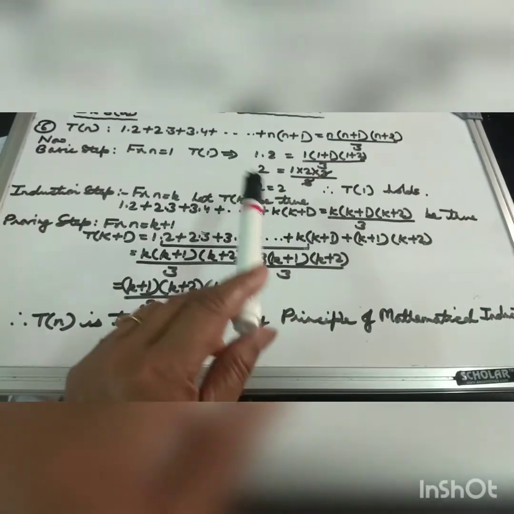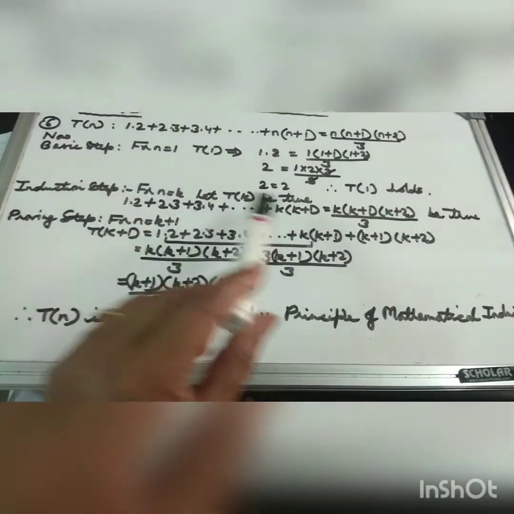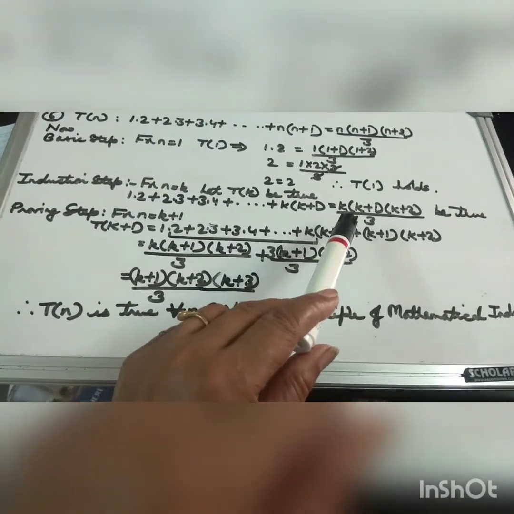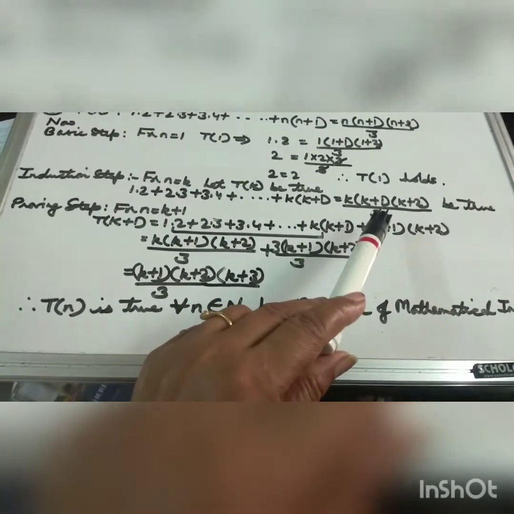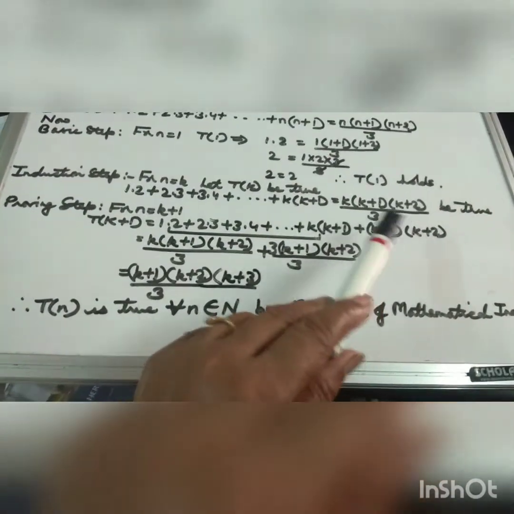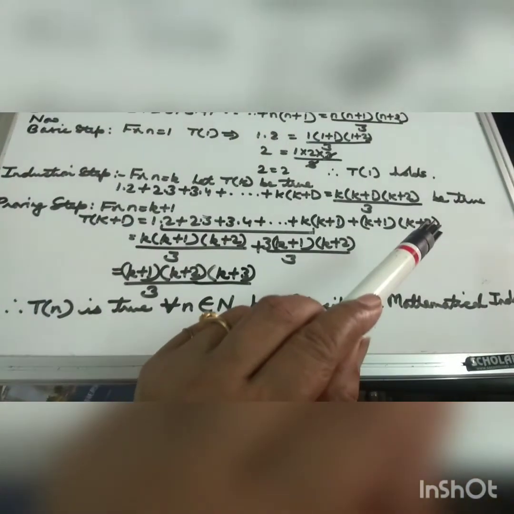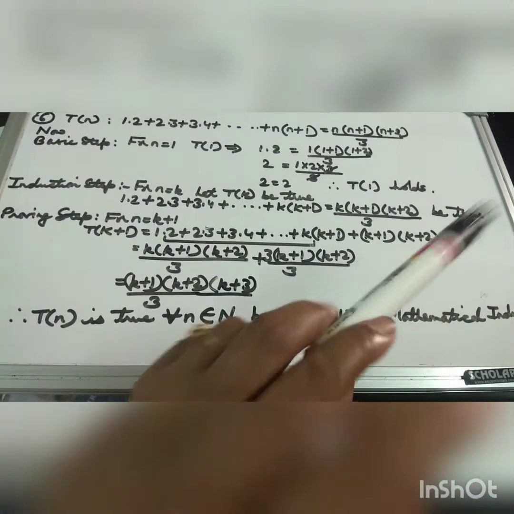Now look, in place of n put k and you will get the left hand side equal to the right hand side, k into k plus 1 into k plus 2 upon 3. Let this statement be true. This is what the assumption step, or the induction step, says.